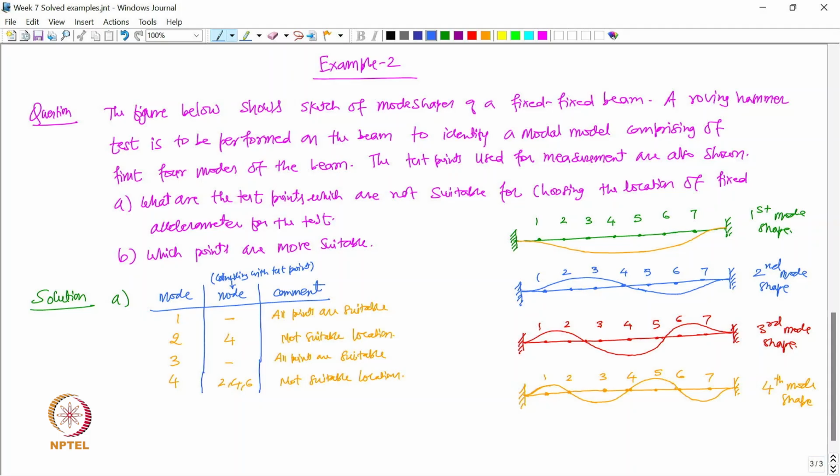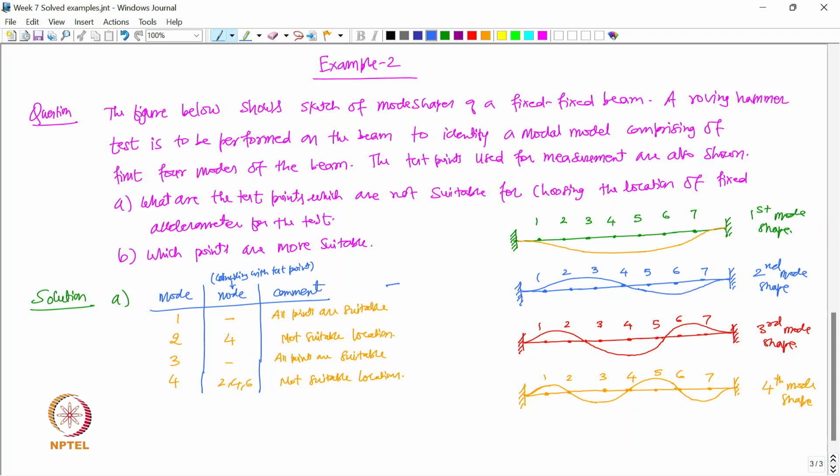Therefore, this shows that the test points 2, 4 and 6 are not suitable locations for measuring the first 4 modes. So, what is our conclusion?